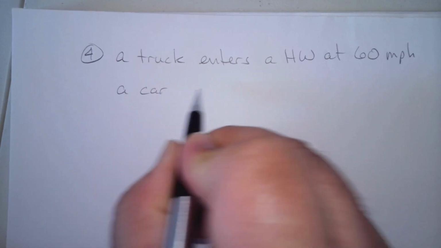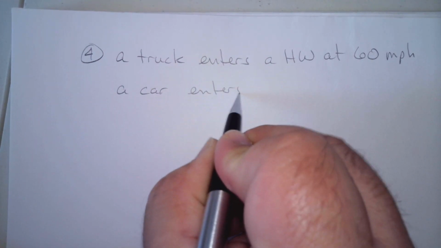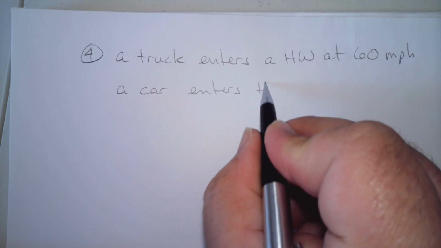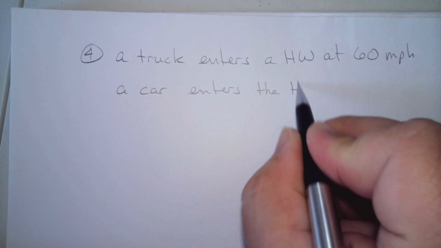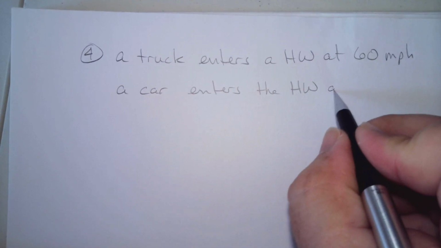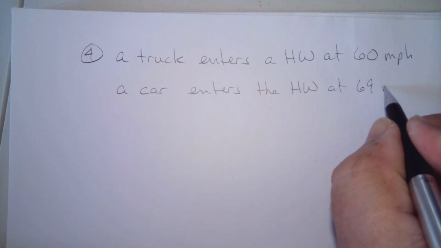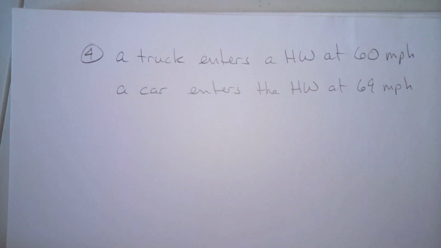A car enters the same highway at 69 miles per hour.